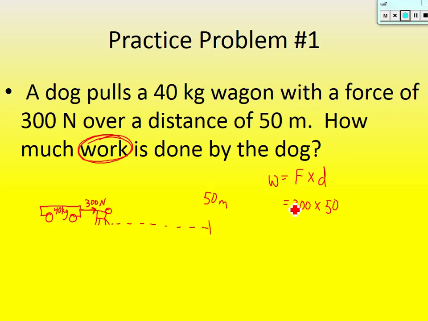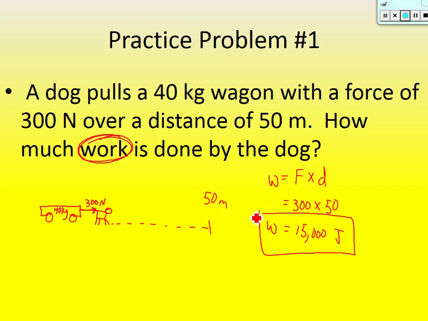Okay, and so that's 15,000. And it's a newton meter, or in other words, it's a joule. I hope that you just write joules on these problems, because that's the unit that's used most often. Okay? So the work done by the dog would have been 15,000 joules.